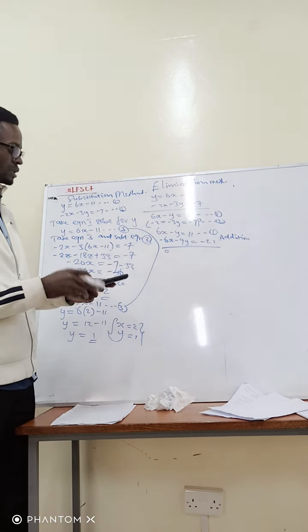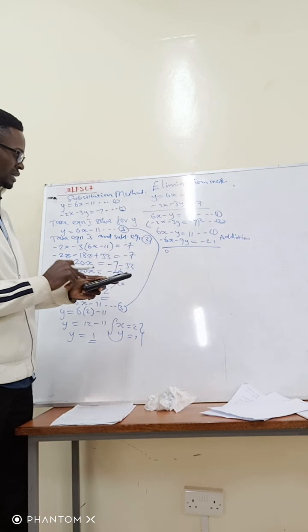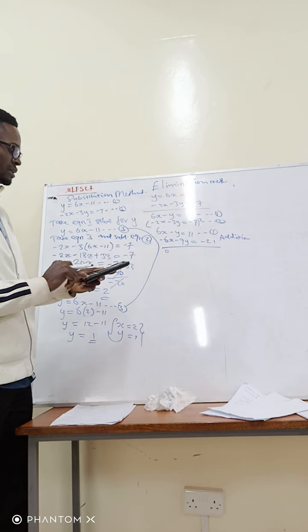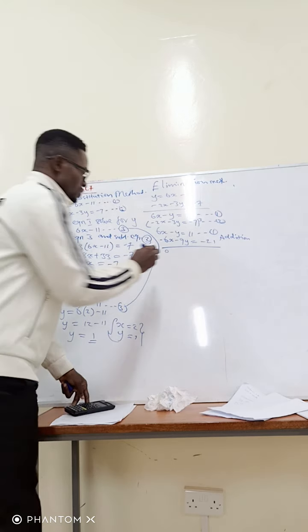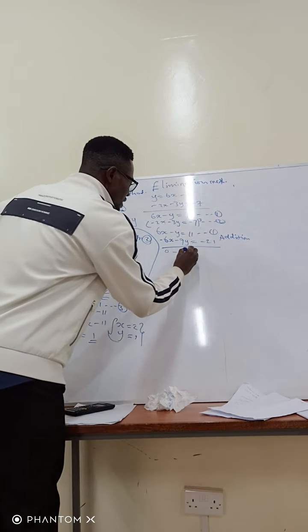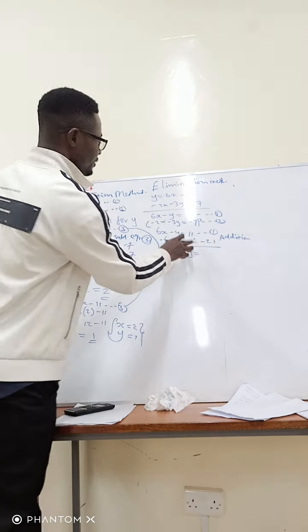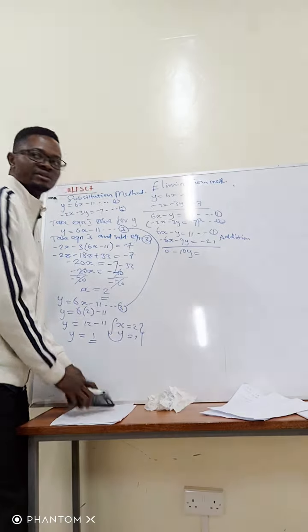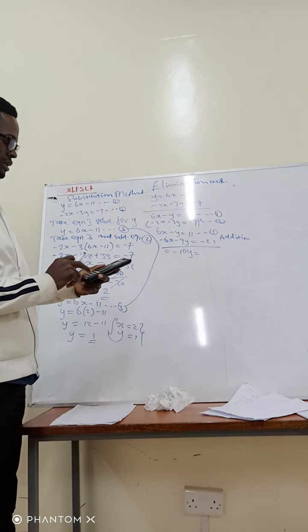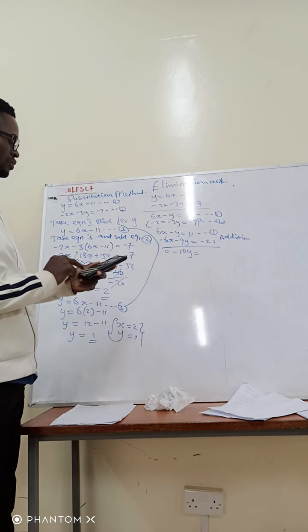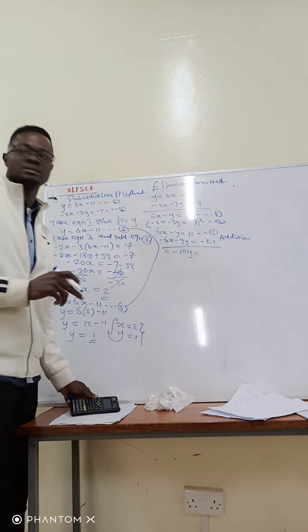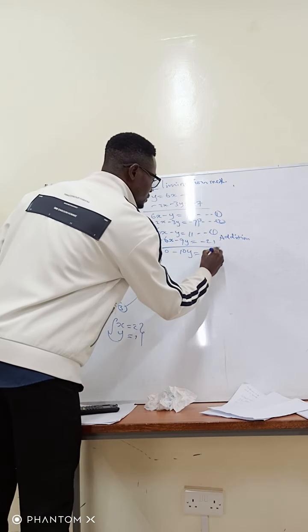That will be negative 10. So this is negative 10y, and this is equals to 11 plus negative 21. 11 plus negative 21 will give you negative 10.